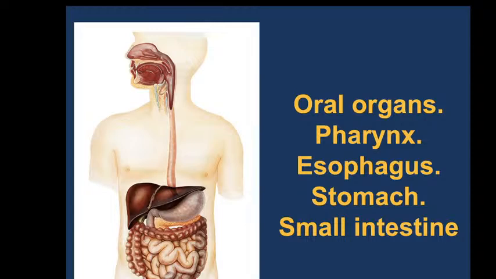The digestive system is essentially a disassembly line. Its primary purpose is to break nutrients down into forms that can be used by the body and to absorb them so they can be distributed to the tissues.